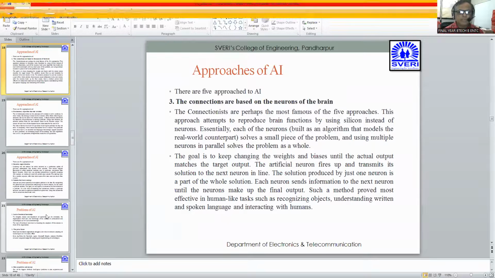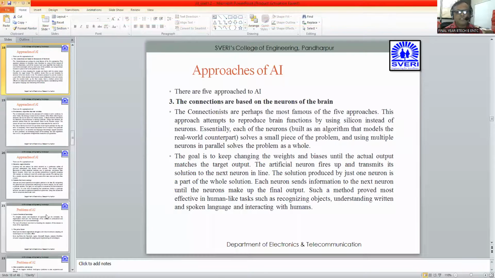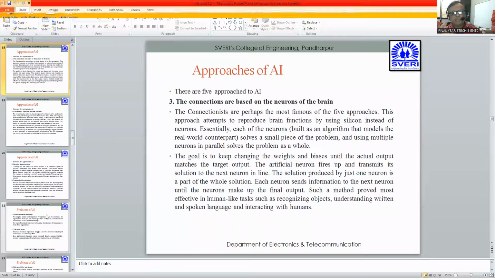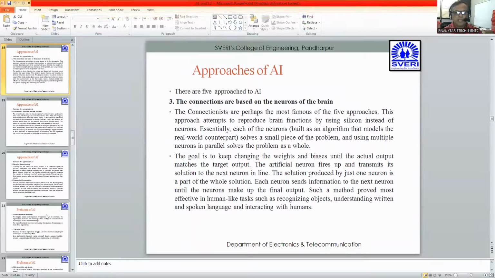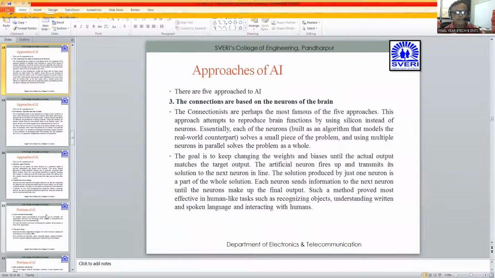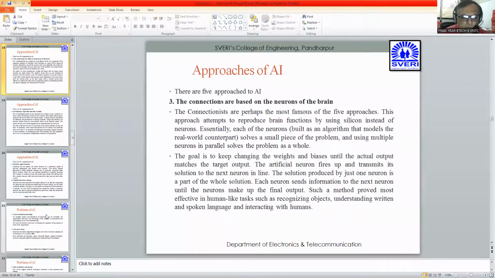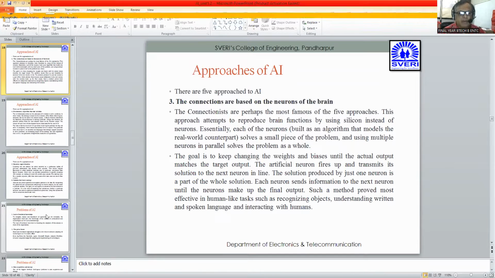Each solution produced by just one neuron is a part of a whole solution. So one neuron or one silicon is a part, whereas multiple chips will be operating together, and they will be producing a whole solution. Each neuron sends information to the next neurons until they make it to the final output.